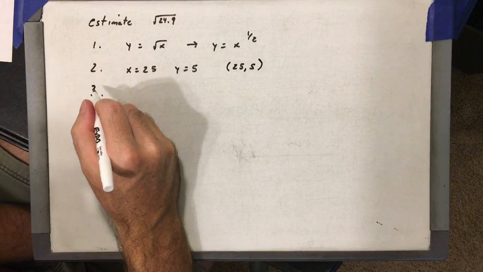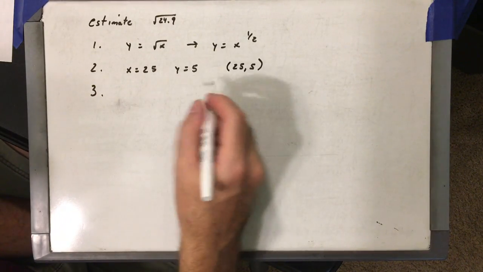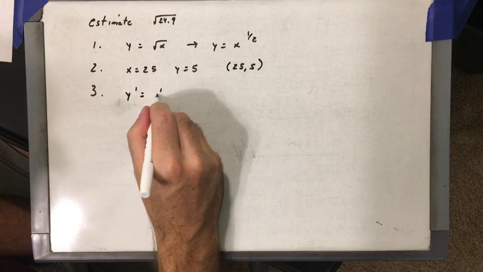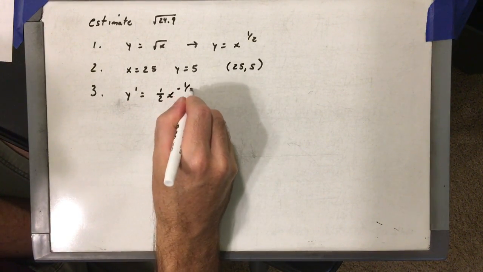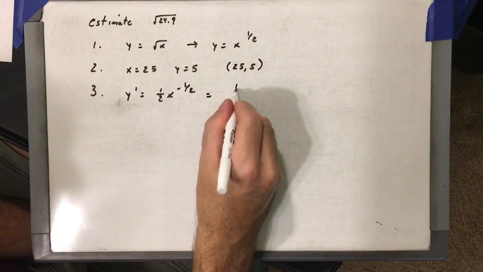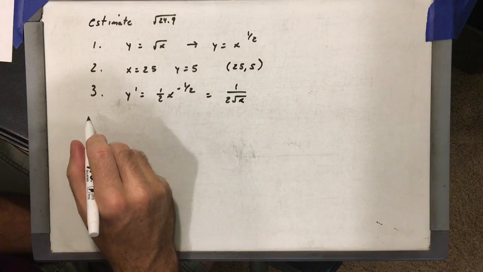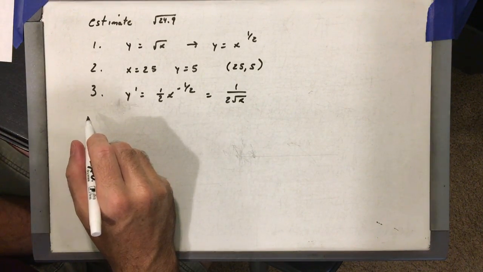And then step 3, we got to take the derivative, okay? So y prime is equal to 1/2 x to the minus 1/2. So that's 1/2 times the square root of x. All right, and then we got to get the slope, right?